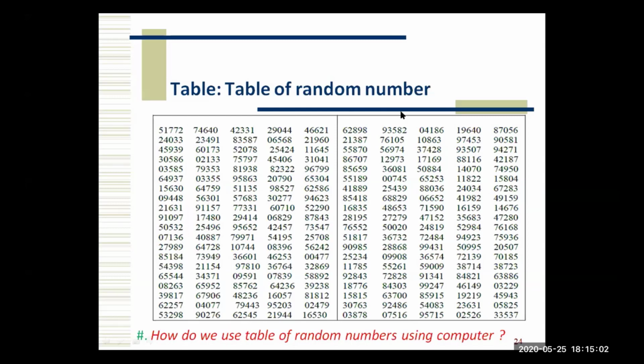Suppose this is a table of random numbers, for which you will find these numbers at the end of textbooks of statistics. Let's say we want to draw 16 individuals randomly.